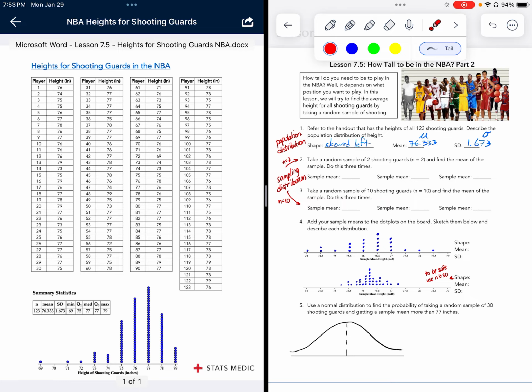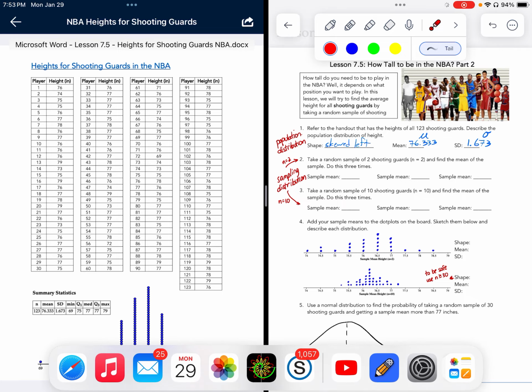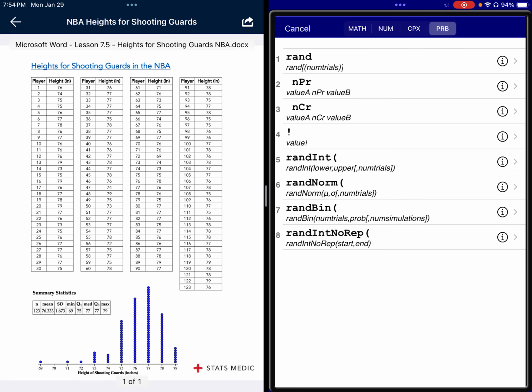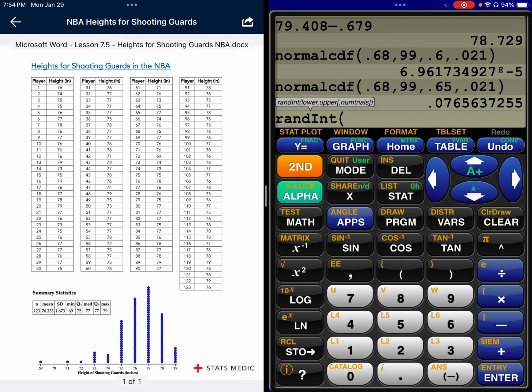So to take a random sample of 2, on your calculator, you can go to math, probability, and do the random integer button. There are 123. I think I might have used this number yesterday on the power forward video by accident.